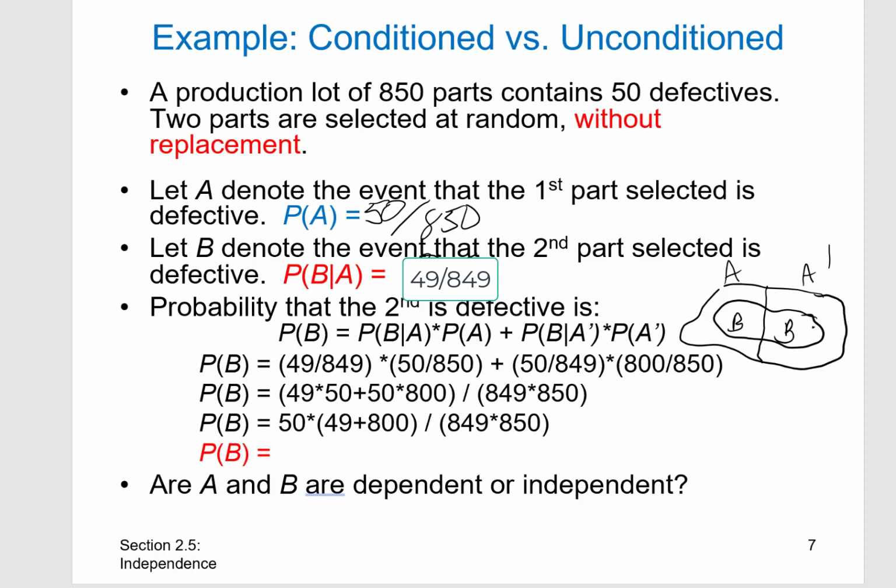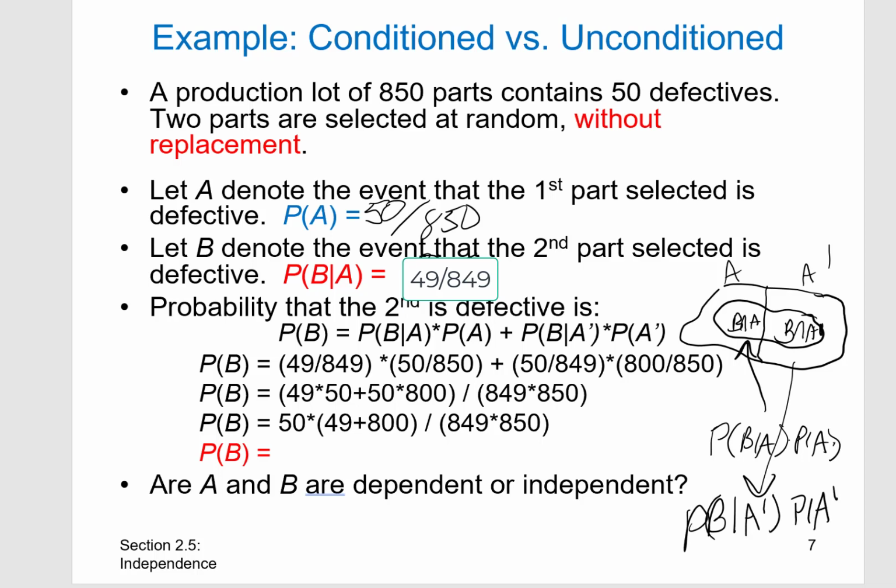So if I want B in here, this is B intersect A, and this little area is B intersect A prime. So we know that we can rewrite B intersect A as the probability of B given A times the probability of A. We know we can rewrite B intersect A prime as the probability of B given A prime times the probability of A prime.